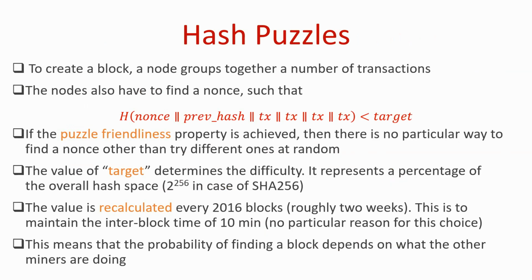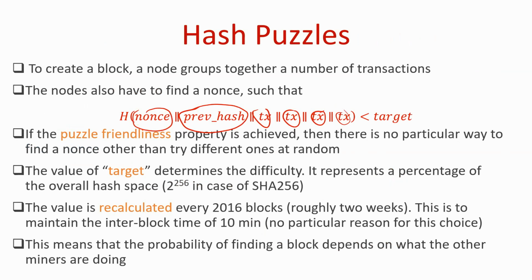So what is a hash puzzle? Basically, to produce a block, the miner has to concatenate all the transactions in this block, then concatenate with them the hash of the previous block, and then concatenate with them a nonce. How does this become a hash puzzle?